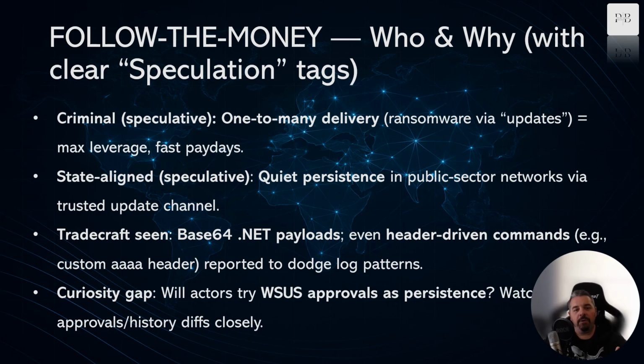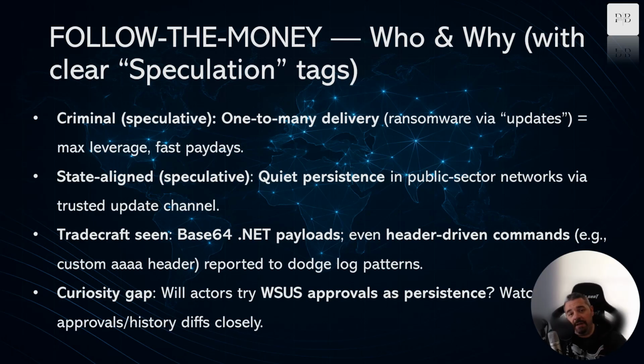Here's your gold coin for this slide. If you run ConfigMgr, compare your normal WSUS approval cadence to the last 7 days. Any spike equals attention. Any approvals outside your maintenance window equals attention. It's a 2-minute check that pays for itself.